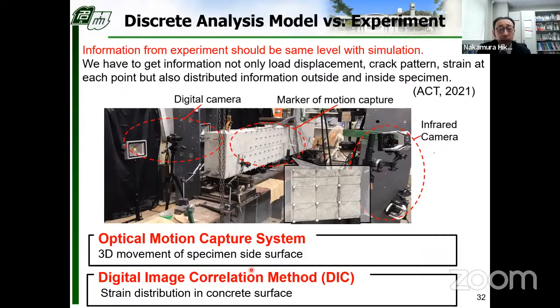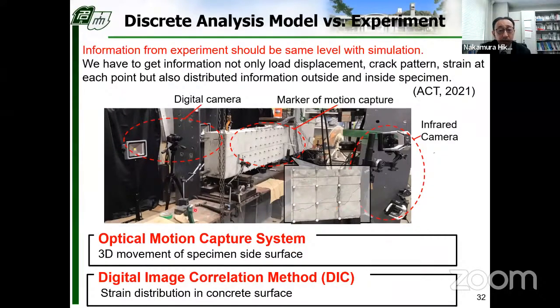In order to achieve this, the latest measurement methods, such as optical motion capture system or digital image correlation method, are often applied in experiments.